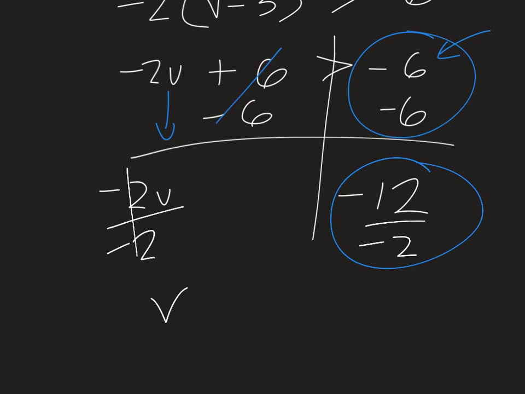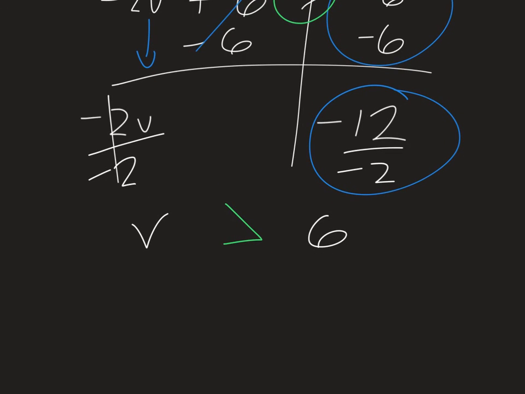Negative 12 divided by negative 2 is going to be a positive 6. And if it were an equation, you would obviously write the equal sign, but that's not what we're doing here, right? We're not solving an equation, we're solving an inequality. So I'm going to look back up here and see that the original symbol was a greater than, so I'm going to bring that down.